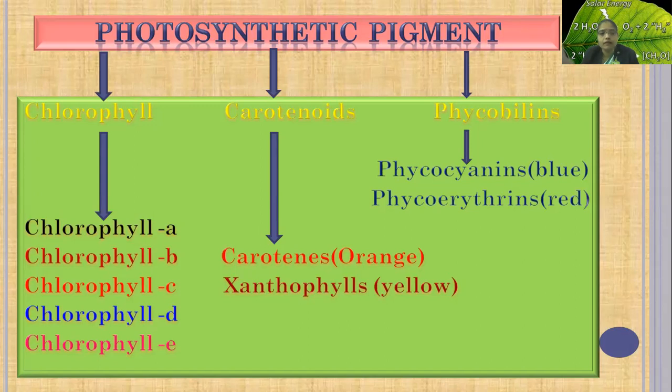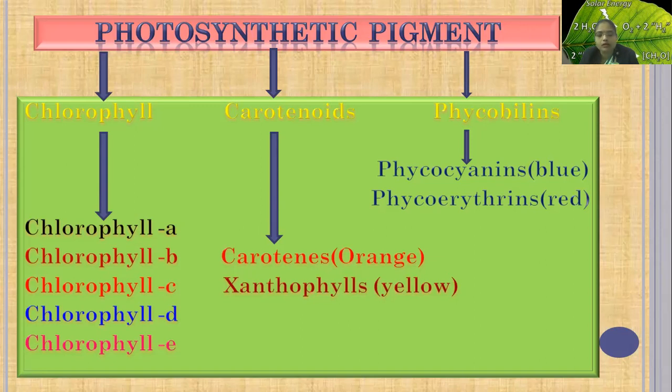Next point is the carotenoids. Carotenoids are orange in coloration, fat soluble lipid components. They absorb the bluish or violet region of visible light and transfer it to chlorophyll A. They are divided into two types: carotene and xanthophyll.